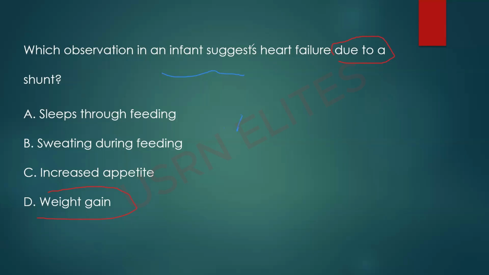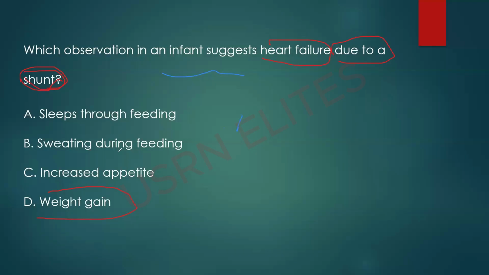But this one, heart failure as a result of shunting, they don't gain weight. This heart failure is linked to the shunting, right? And what will you see, how are you going to see it?